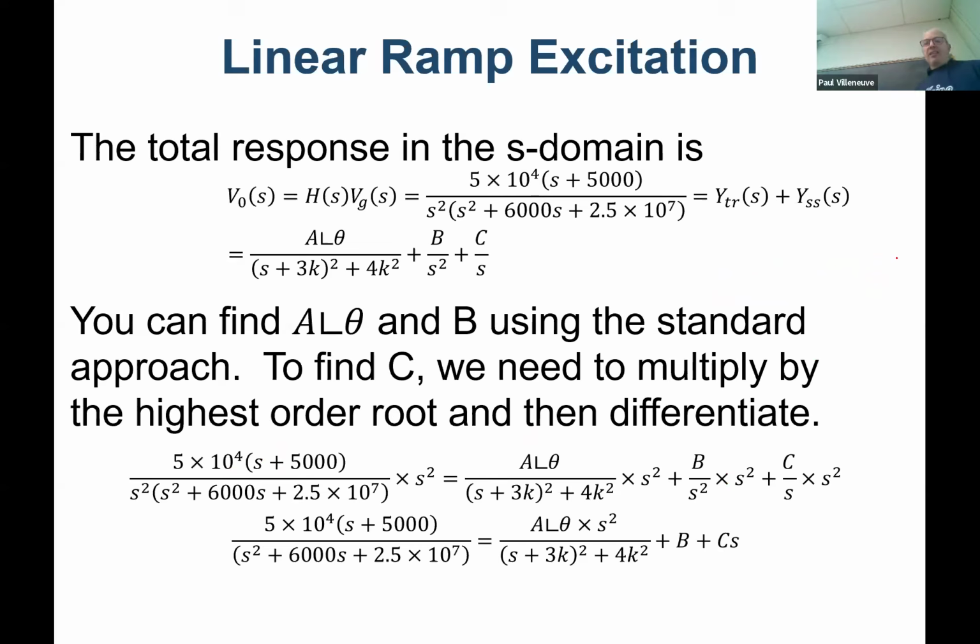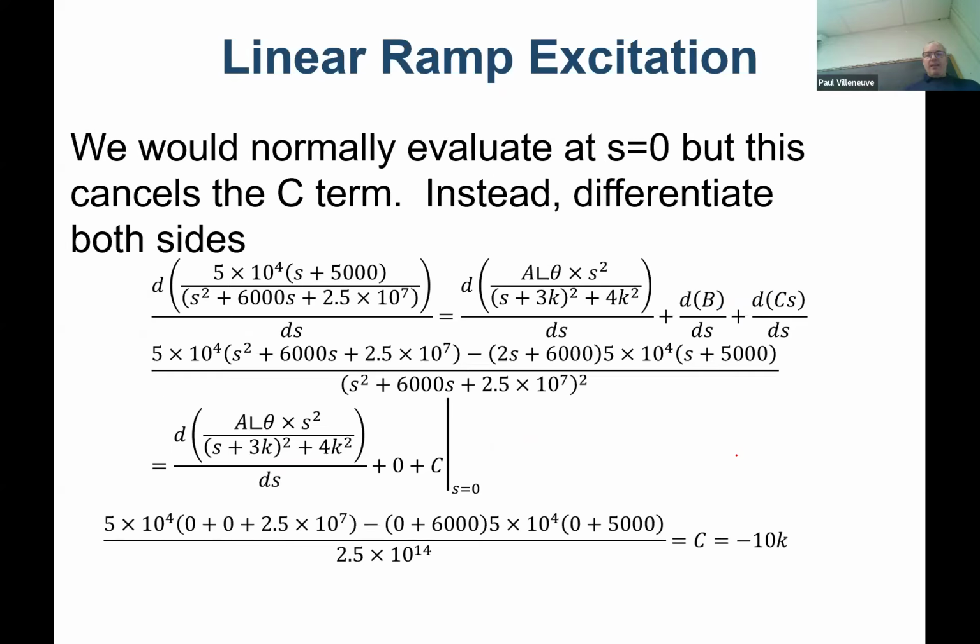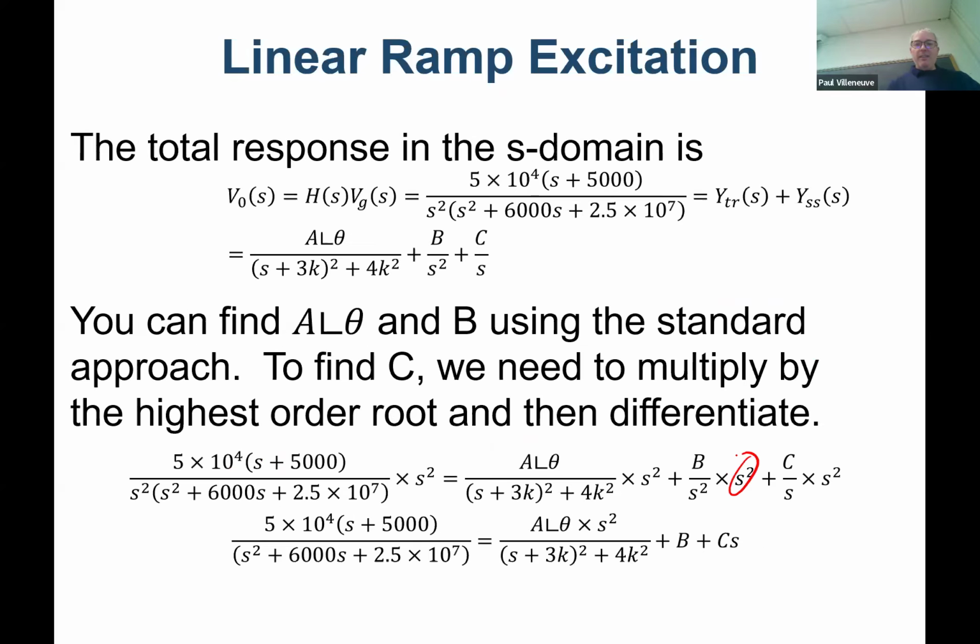So let's go ahead and solve for B. I multiply both sides by the highest order root, S squared, and then I evaluate at S equals 0. And then, where did I calculate B? I guess I didn't calculate B here. Sorry about that.